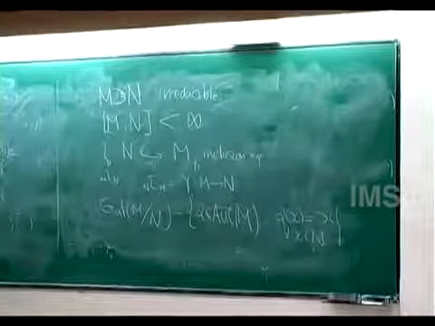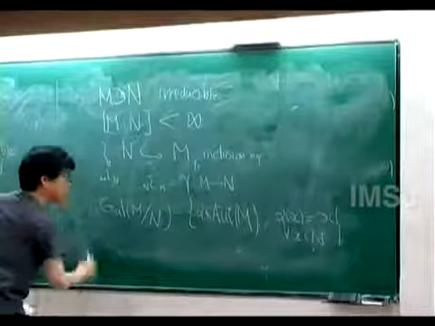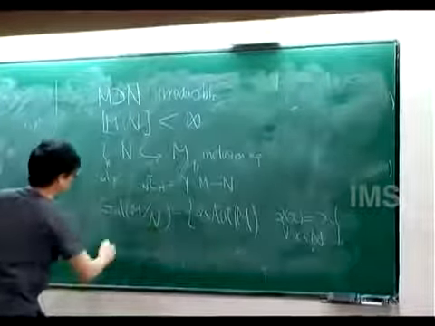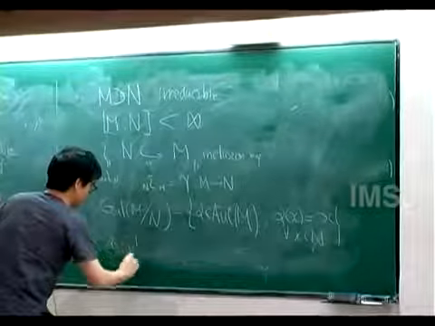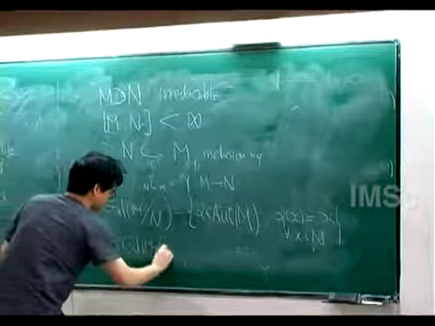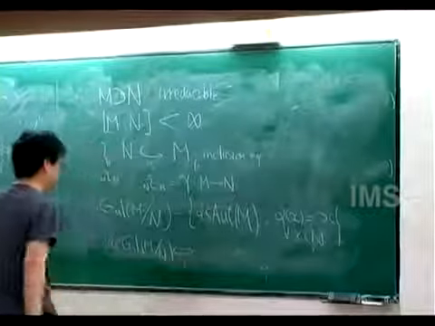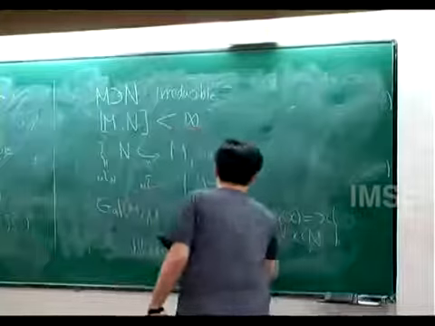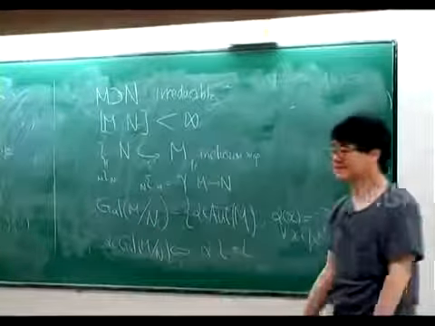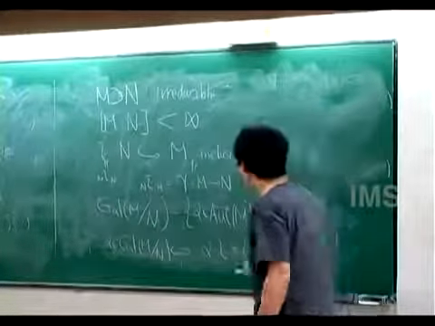Then the easy observation is that alpha is an automorphism in the Galois group if and only if this equation holds, right? Because this is just an inclusion map.